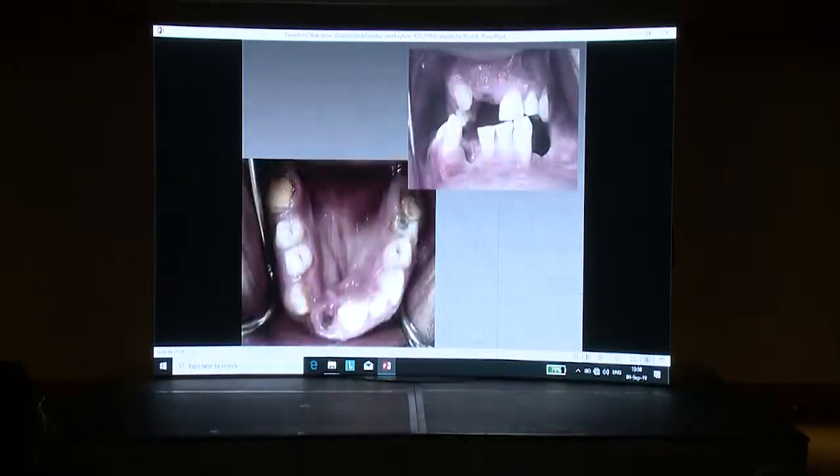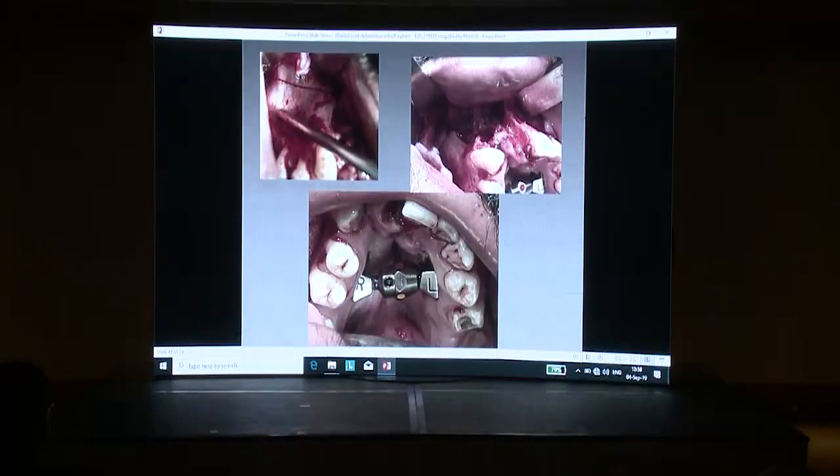Next, please. Another case, unilateral collapsed maxillary arch. Next. Yeah, here sometimes we try to close the alveolar bone, but not to put bone graft, just to help us to produce good soft tissue in this area, and we put a distractor, and this is the osteotomy. Next.